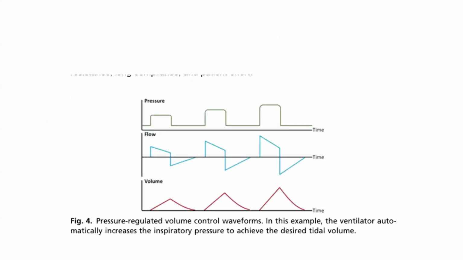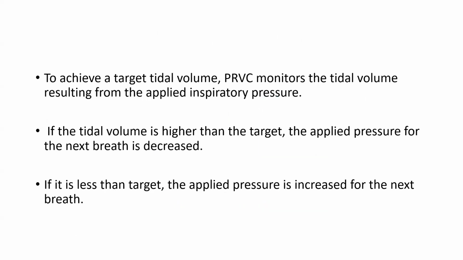And this is a graph of pressure regulated volume control. To achieve the target tidal volume, PRVC monitors the tidal volume resulting from the applied inspiratory pressure. If the tidal volume is higher than the target, the applied pressure for the next breath is decreased. If it is less than the target, the applied pressure is increased for the next breath.